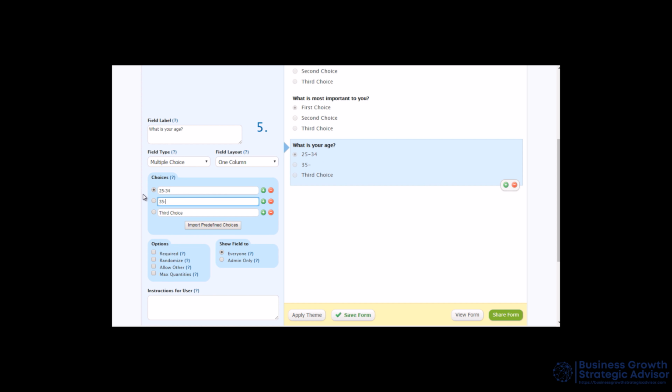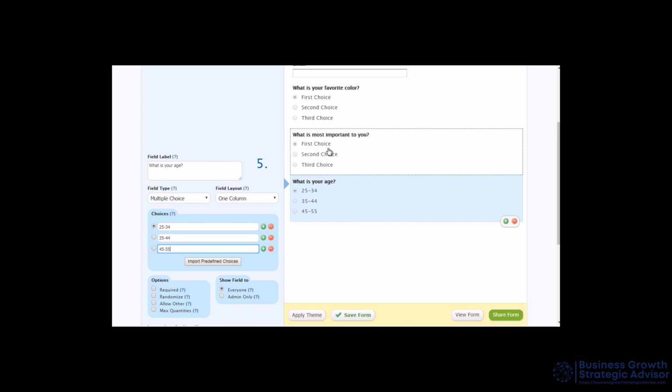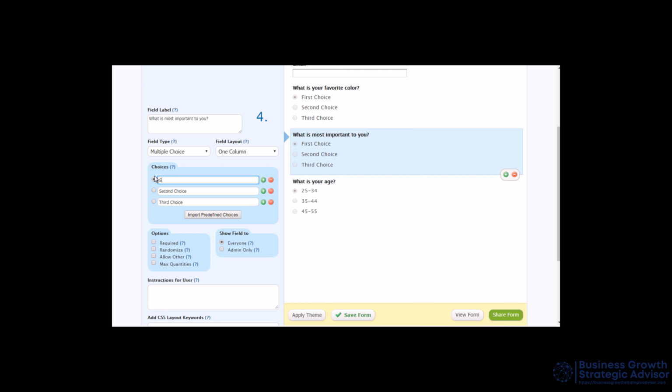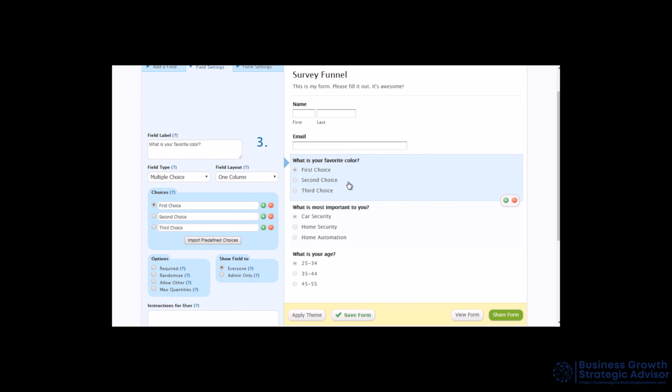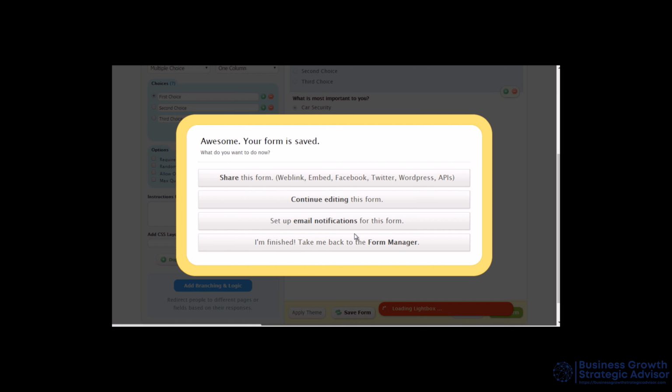We could have 35 to 44 based on what we saw earlier, 45 to 55. And we can see what's most important to you. Security, home security, we could say car security. Click on save.